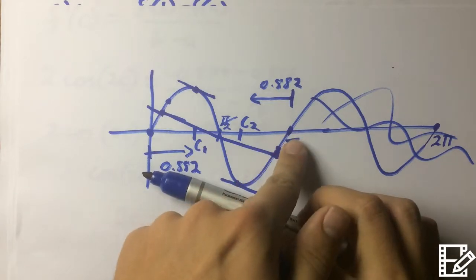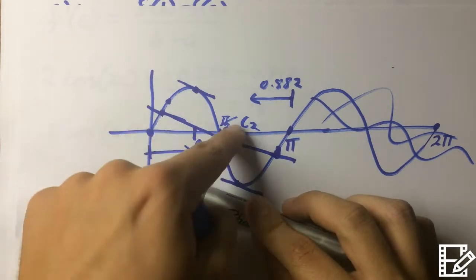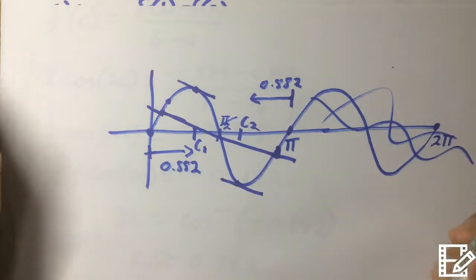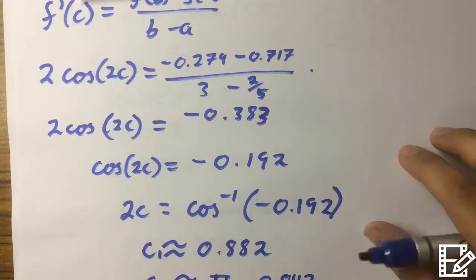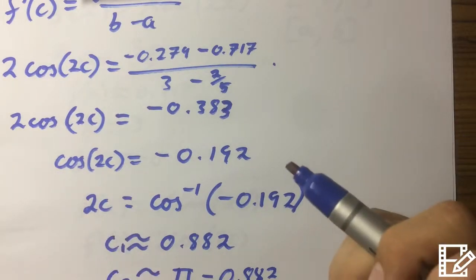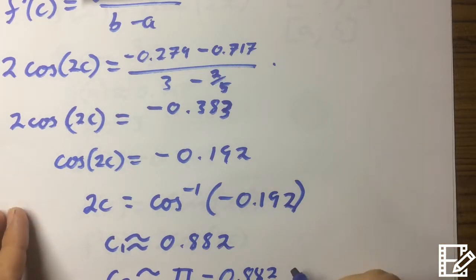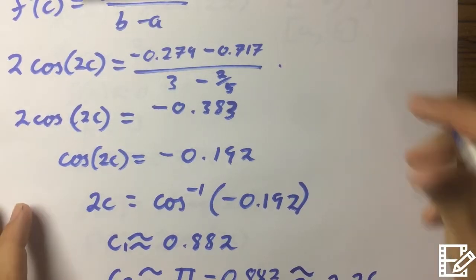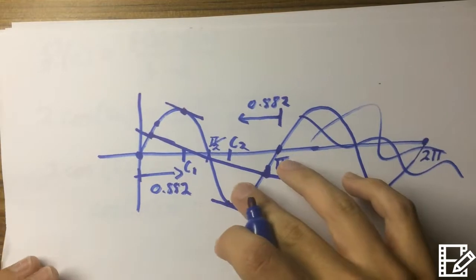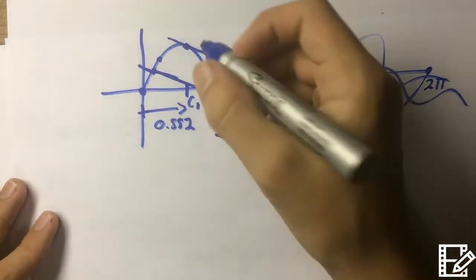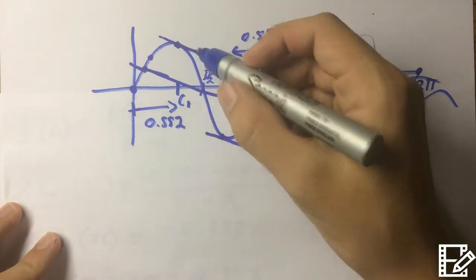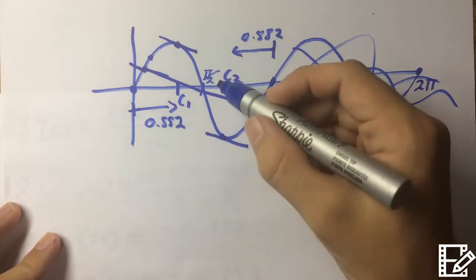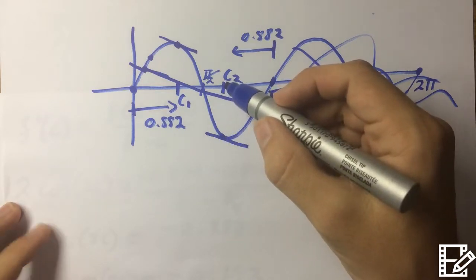So if you add pi, it will give you the distance from 0, and that's the distance you want. So if we have a look at that, pi minus 0.882 equals approximately 2.26. That makes sense. If you bring this function up on a computer and you have a look at it, you'll see that the slope at this point, 0.882, will be the same as the slope at this point, which is at 2.26 radians.